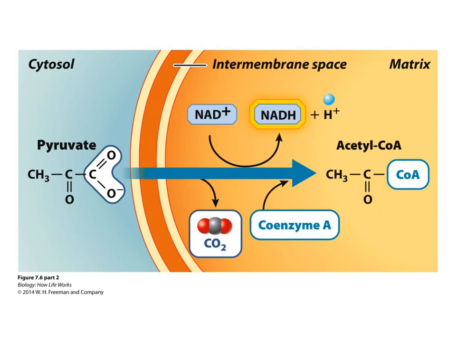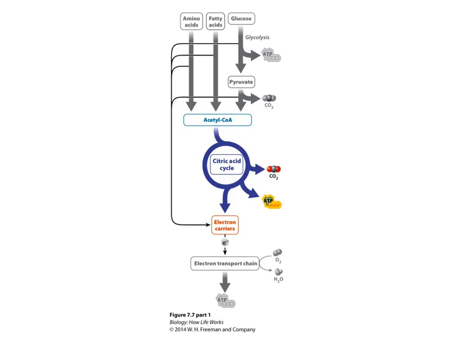Alright, so this is just a blow up of the same idea. What you want to be able to do is describe the process that I just took you through. Now, we've made it through glycolysis to pyruvate. We've transitioned pyruvate to acetyl-CoA. Sometimes we refer to what we just did as the transition step or acetyl-CoA synthesis.